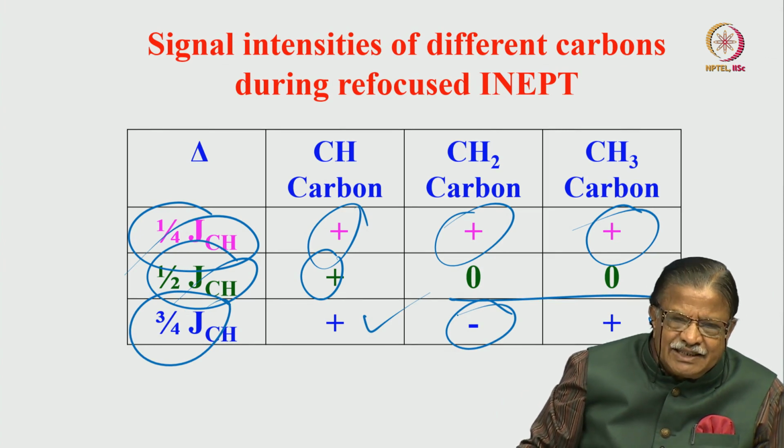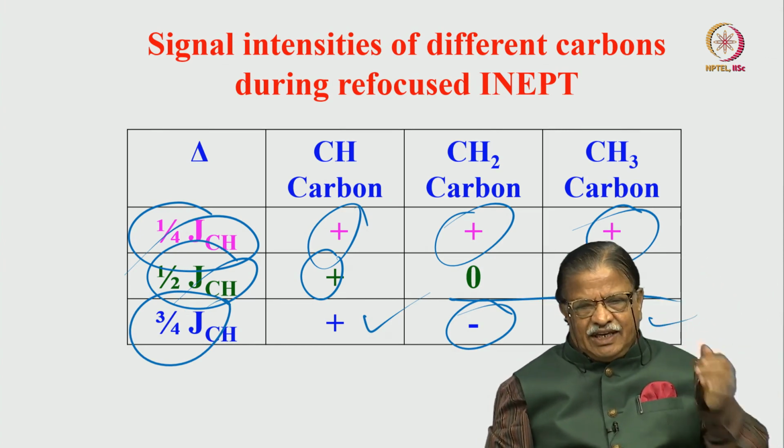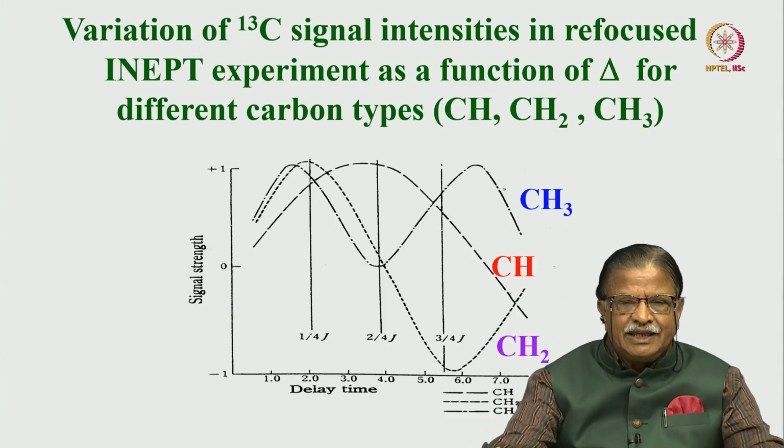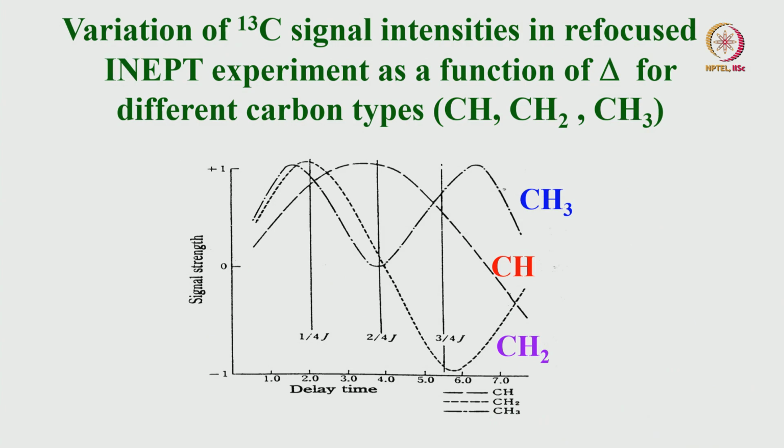This is the intensity pattern, the phases of different signals depending upon the delay delta. All right, this is what you will see. This is the variation of the 13C signal intensity in the refocused INEPT as a function of delta, plotted as a function of delay time. I have chosen only three values here, but in the plot the delta value was varied continuously and the intensity for different carbons was plotted. Look at it: at exactly 1/4J, all are positive.